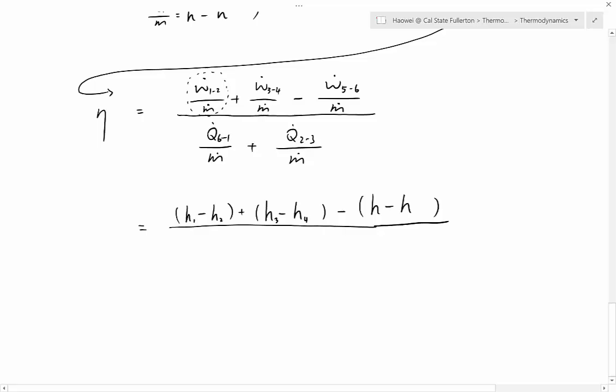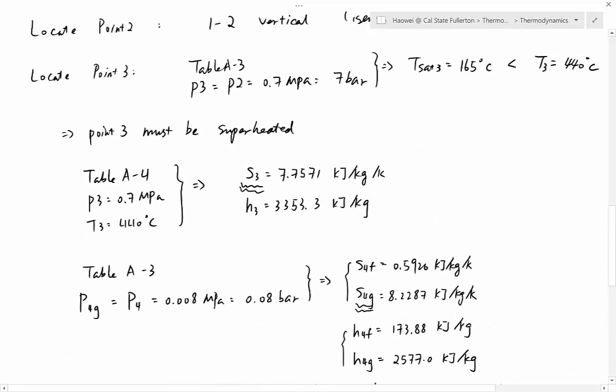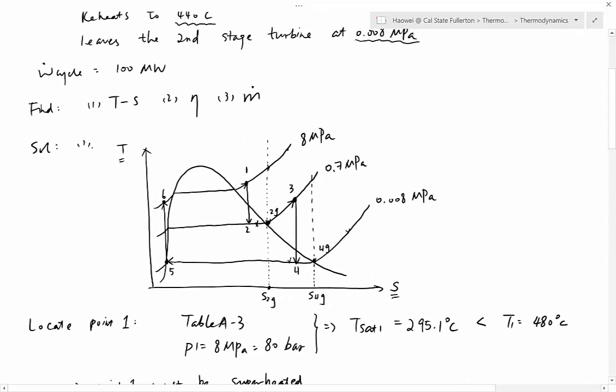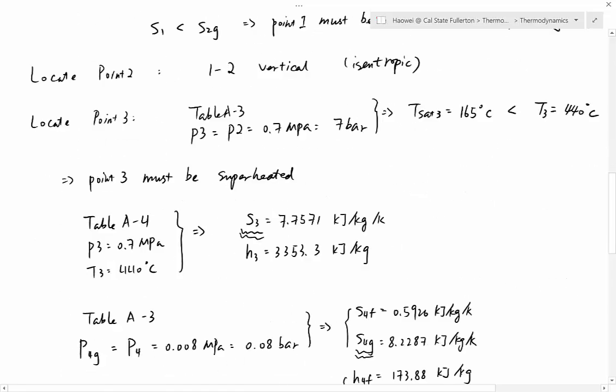Do we use 5 minus 6 or 6 minus 5? Which one has more energy, 5 or 6? 5 to 6 is the pump. You pump up the pressure. You have to provide electricity. So from 5 to 6, you add electricity, which is energy, into the system. So at the end, you must have more energy. H6 must be bigger than H5. So we use H6 minus H5.